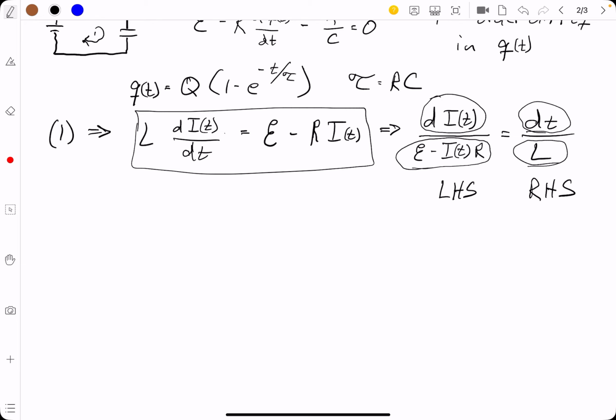Why? Because we're going to integrate, right? On the right-hand side, we're going to go from 0 to t, and on the left-hand side, we're going to go from 0 to I of t. I'll do one side and then the other. So let's do it.